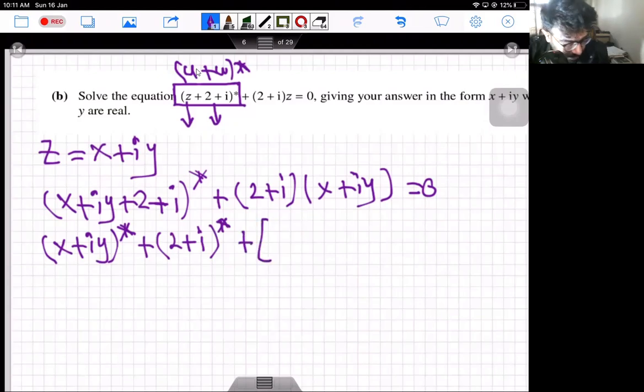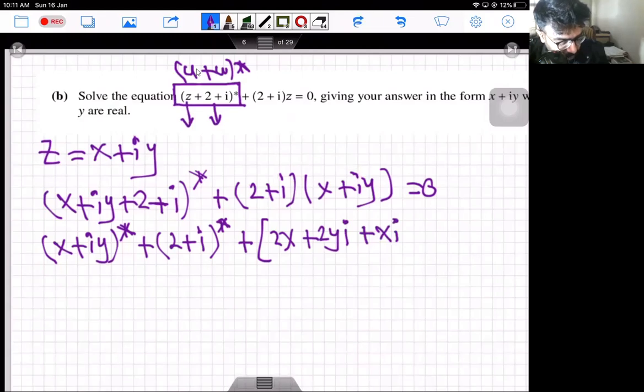So 2 times x is 2x, and 2 times iy will be 2yi, and then i times x is xi, and then i square y, so y multiplied by i square, and this whole thing is equal to 0.